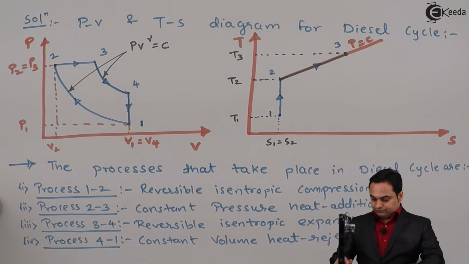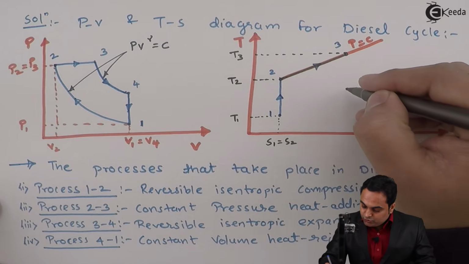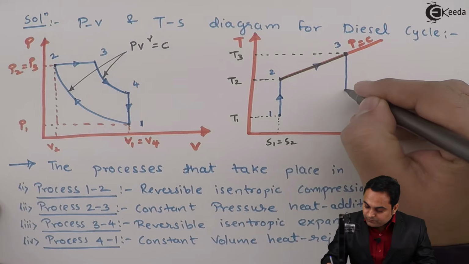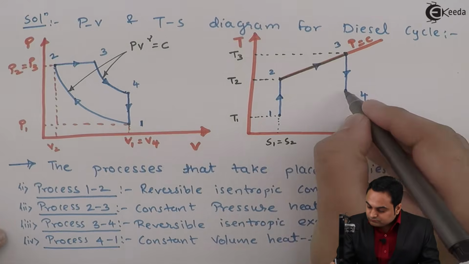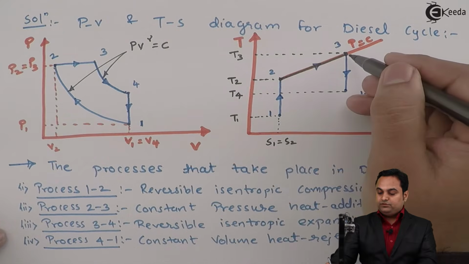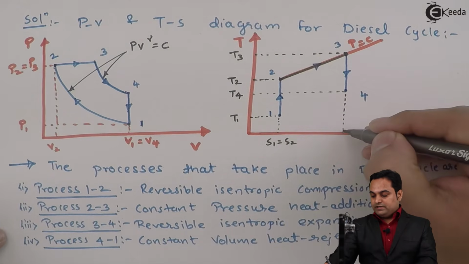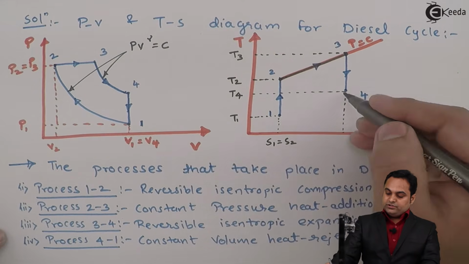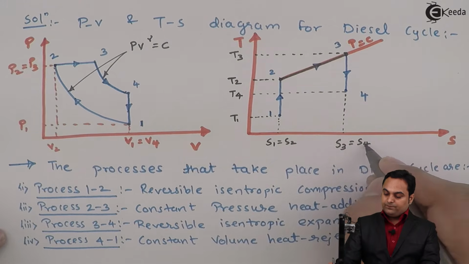Next, process 3 to 4 is reversible isentropic expansion. That will again be shown with the help of a vertical line, but the temperature drops here. So temperature has dropped from T3 to T4 and here the entropy remains constant, that is like during compression the entropy remains constant, S1 is equal to S2.